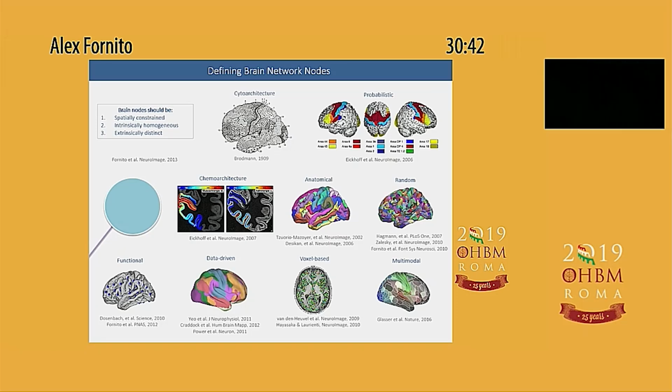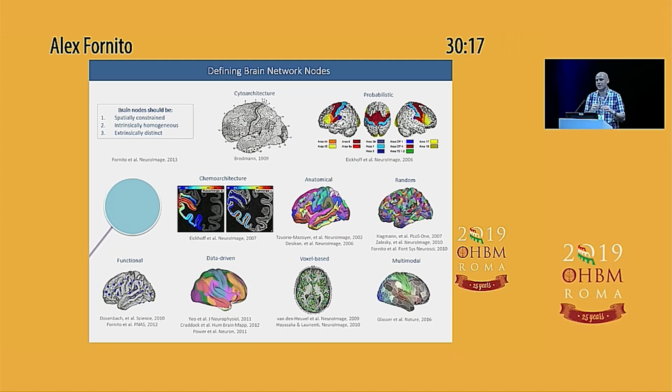We can generate functional regions of interest. There's a lot of interest at the moment in data-driven parcellations, so trying to cluster voxels based on similarity in functional connectivity profiles or other metrics. We could treat individual voxels as distinct nodes, or more recently, the Human Connectome Project released their version of a new cortical parcellation based on a multimodal integration of different kinds of imaging information.